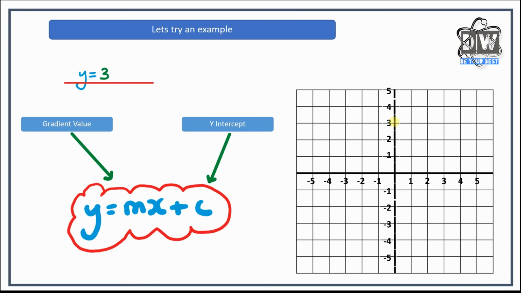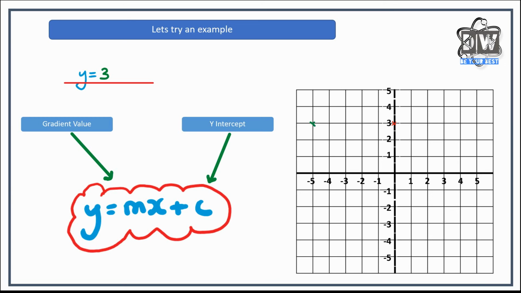That means that the line is going to cut through the y axis at 3, and it's going to have no gradient value. What that means is no matter what my x value is, my y value will always be 3. Let's start with minus 5 on the x, and we're going to go up to 3.